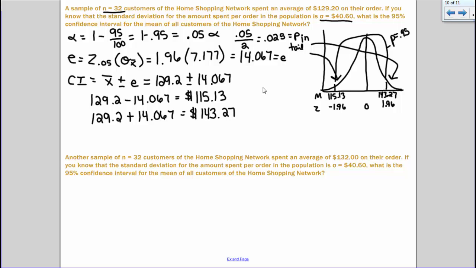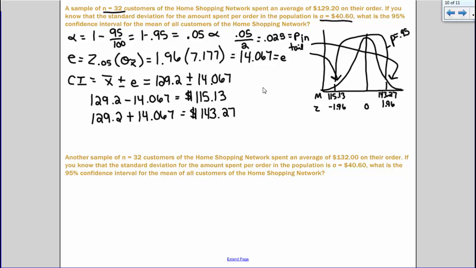So it's wider even though we're using the same sample mean and population because we have a larger confidence level. So we are more confident that we caught the true population mean. So, of course, the confidence interval needs to be wider so that we're more confident.